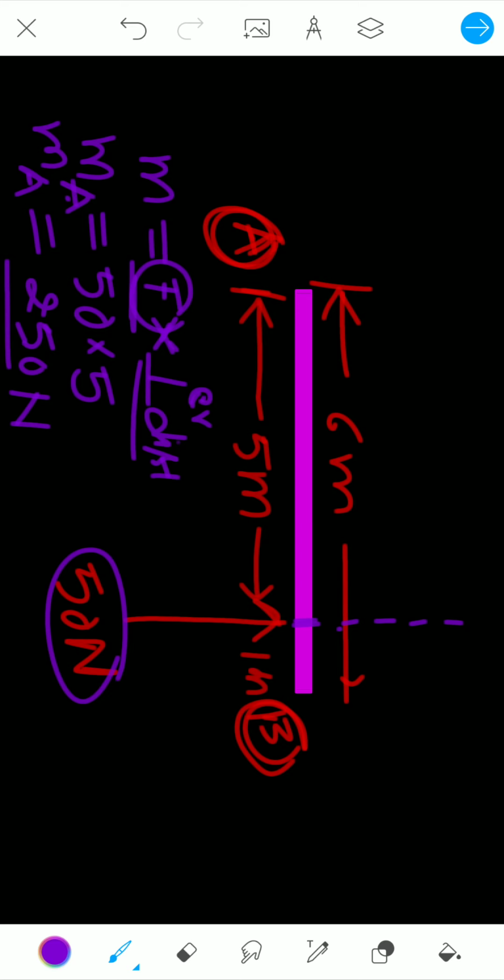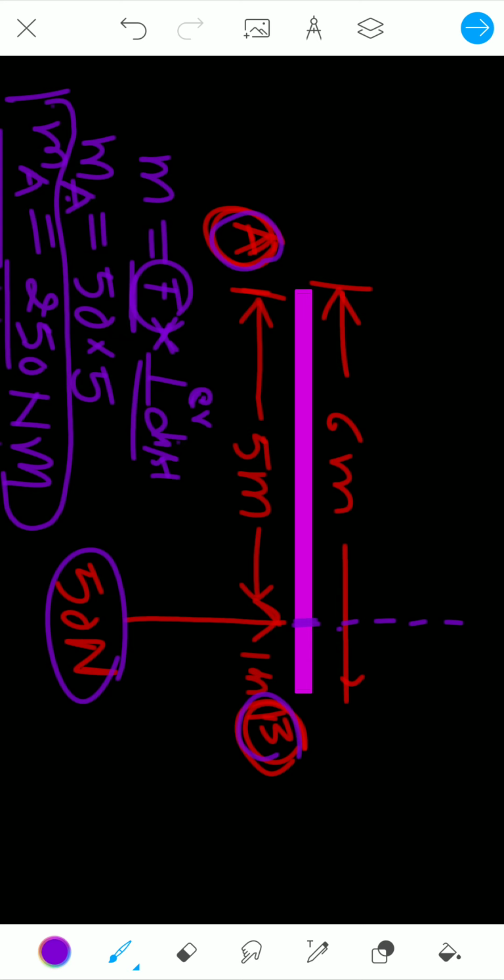So we should write the answer as moment at point A equals 250 newton meter. This is the answer for the first point. We also have to find the moment about point B.